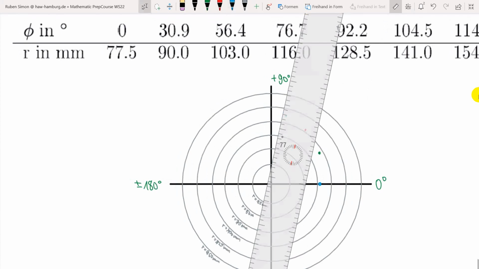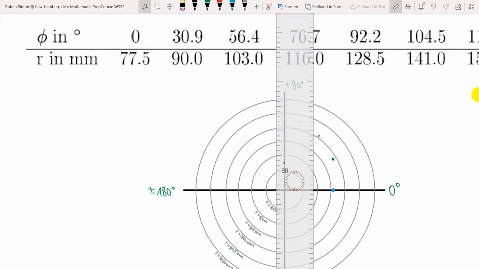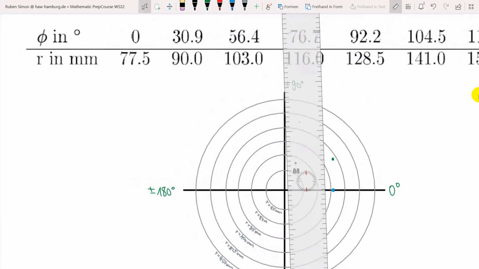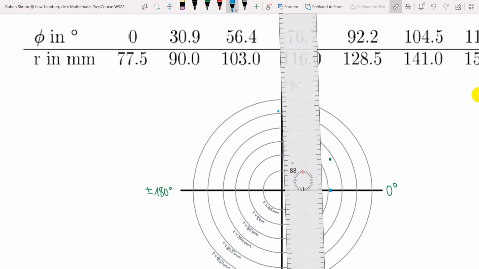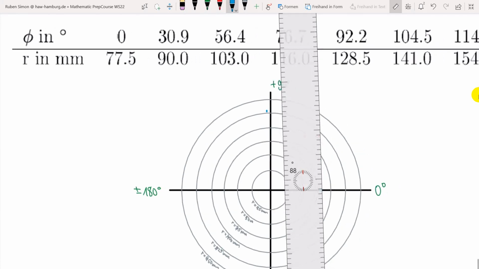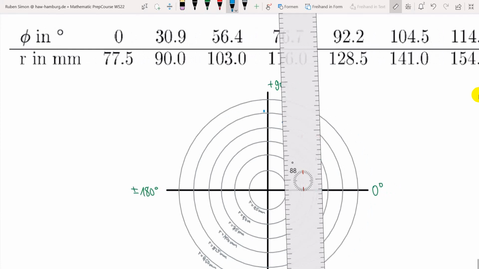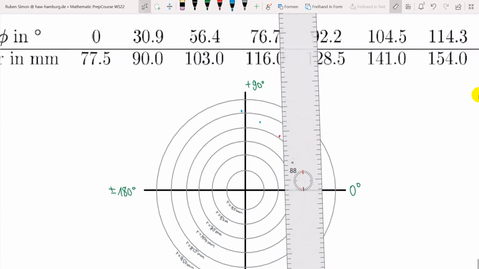The next angle is 92.2 degrees. Now it's going backwards, so I have to calculate. So 92 would then be 88 degrees on my ruler, and the radius is 128.5 millimeters. This would lead us to a point quite close to the 125 millimeter circle, but slightly above, so like here. And then 104 degrees would make an angle of 90 minus 14 for me.